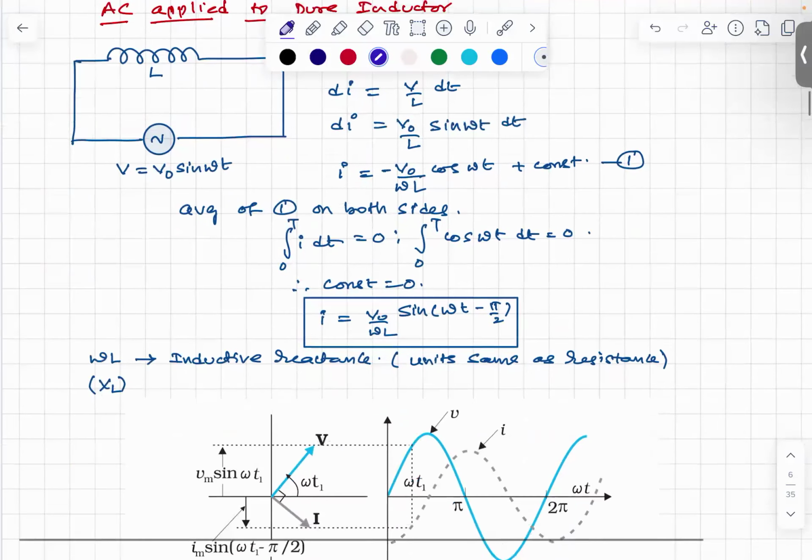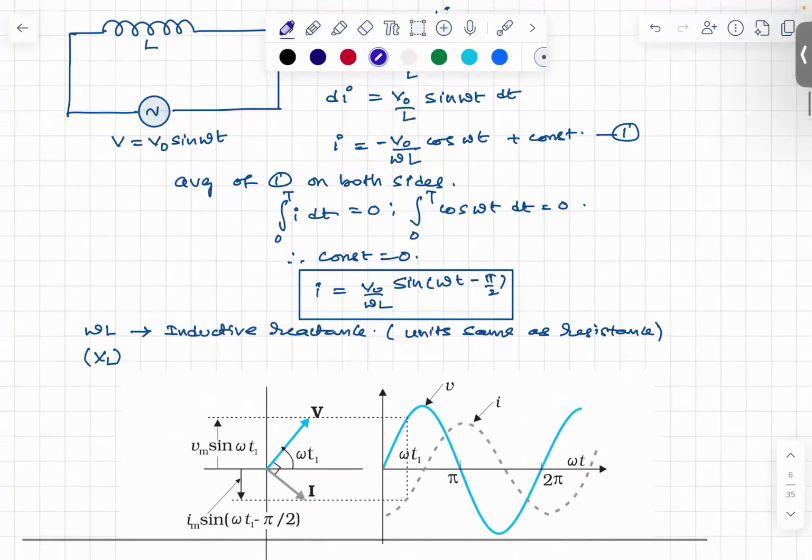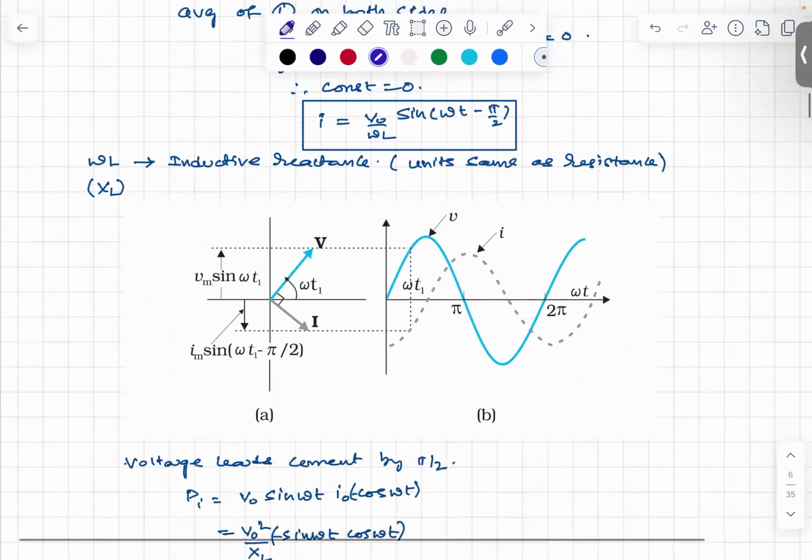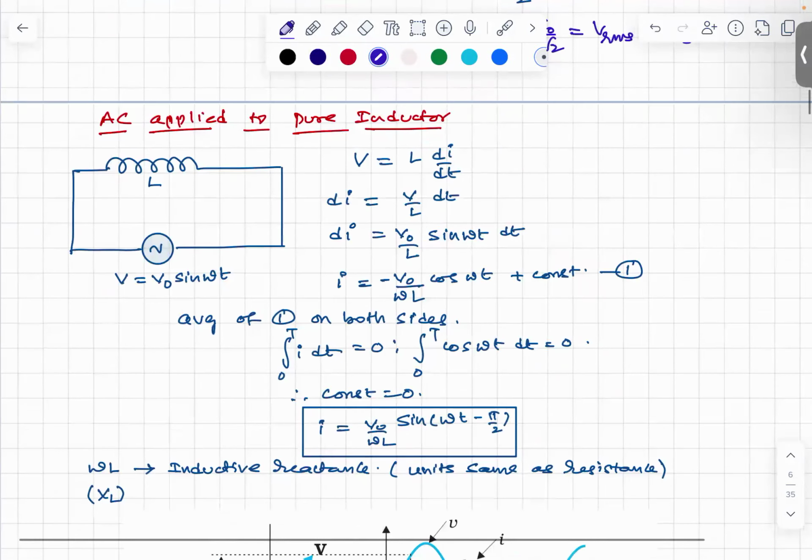Okay. So what next is, now I will apply AC to a pure inductor. When I apply AC to a pure inductor, what is happening over here?